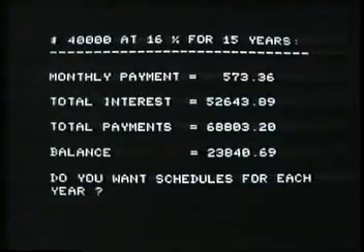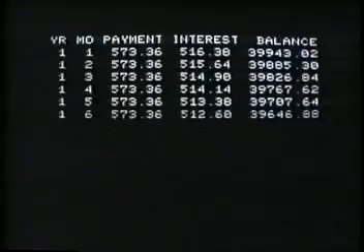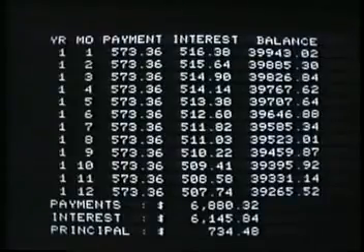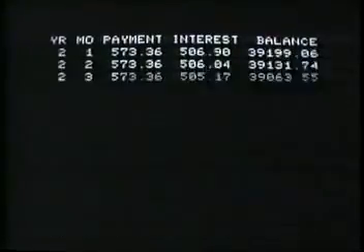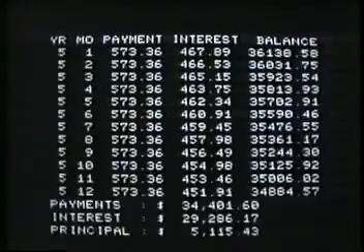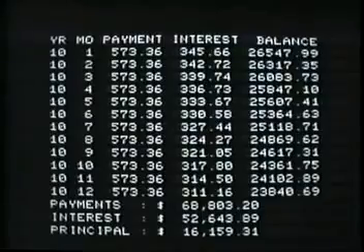To see all your payments for the first year, type Y for yes, then enter. Okay. Y. Enter. Now press the space bar for each succeeding year. I definitely have to ask for that raise. That's amazing. It all comes up so fast.